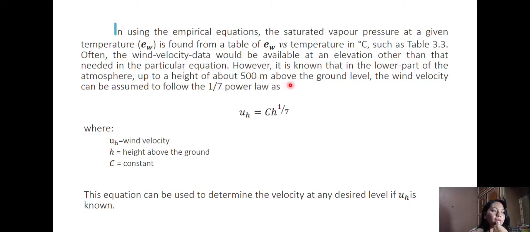However, it is known that in the lower part of the atmosphere, up to a height of about 500 meters above the ground level, the wind velocity can be assumed to follow the 1/7 power law: U sub h is equal to C multiplied by h raised to the power of 1/7, where U sub h is the wind velocity, h is the height above the ground, and C is a constant. Note that this equation can be used to determine the velocity at any desired level if U sub h is known.